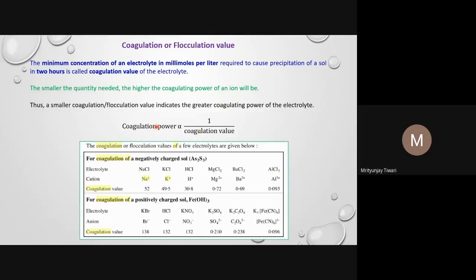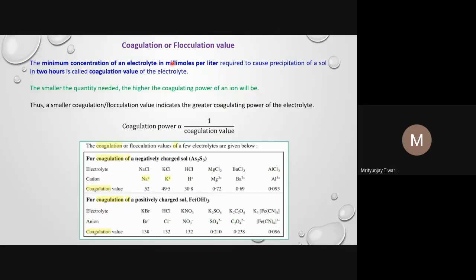So coagulating power is inversely proportional to the coagulation value. If the coagulation value is more, it means more millimoles of a particular electrolyte are required. Suppose there are two electrolytes, and suppose 5 millimoles of one electrolyte is required, and 10 millimoles of another.